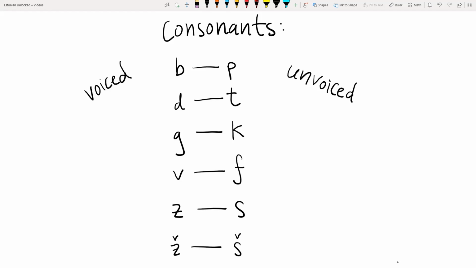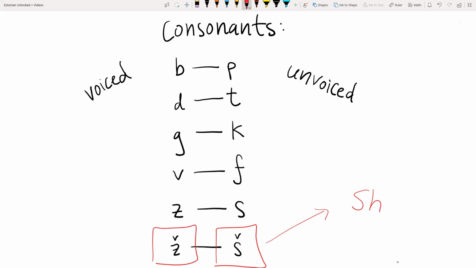So you can kind of see that really we don't have a lot of sounds to master. We just have to recognize that some are voiced and some are unvoiced. I promise I did not forget about these ones at the bottom here. Let's start with this one on the right. This is just shh. So if you're in the library and you're shushing someone, shh has the exact same sound.